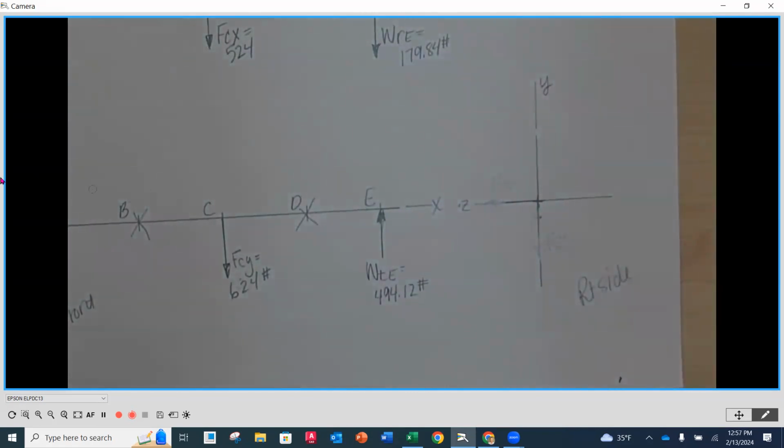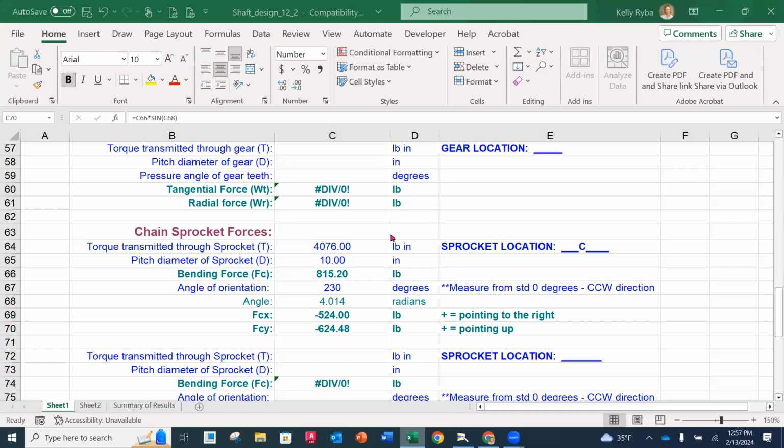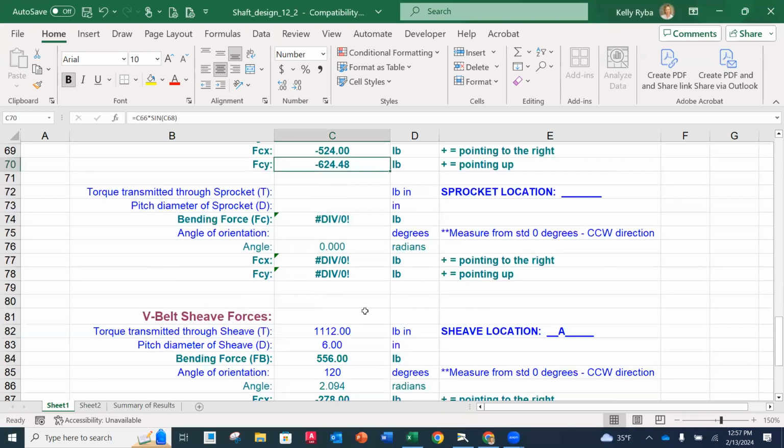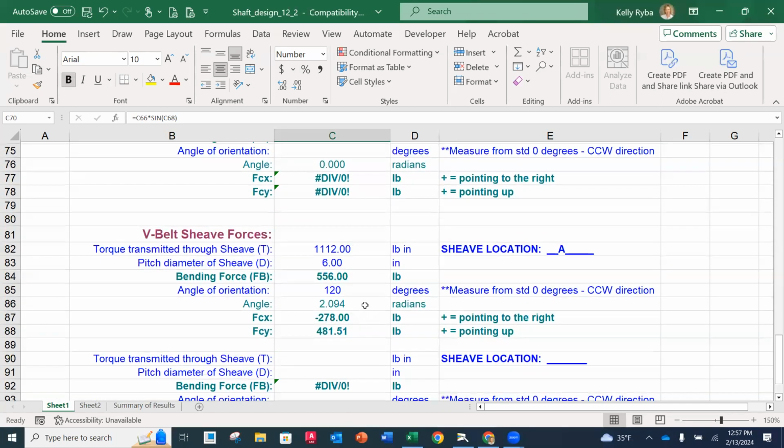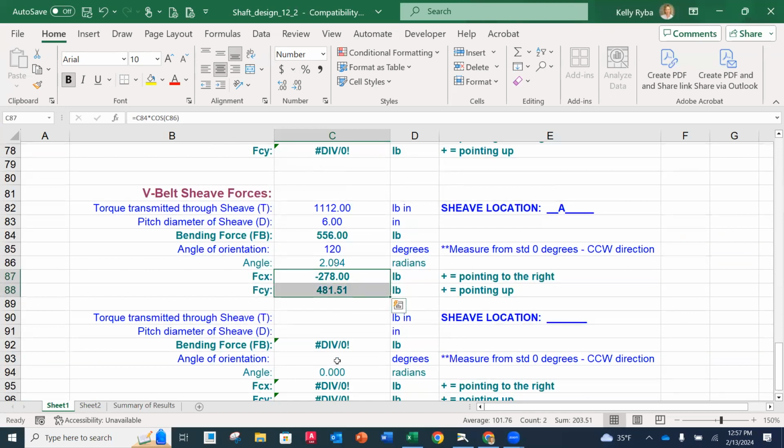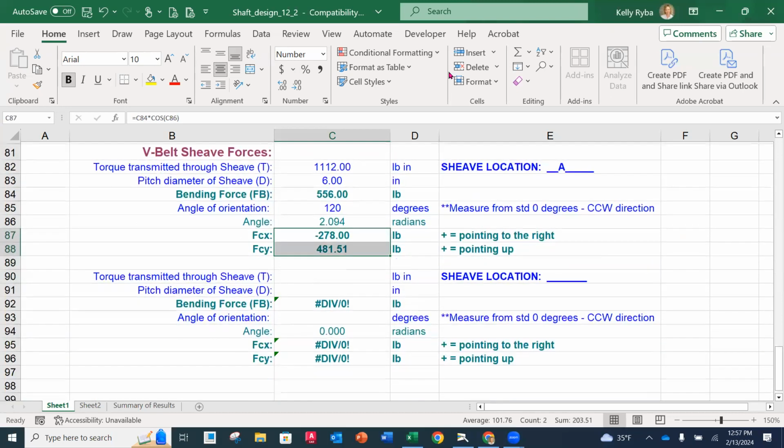So I'm going to erase that. Go back on our spreadsheet and look at our sheave forces. Our sheave forces are these two right here. Our X is going to go to the left. This is going to be our FCX.